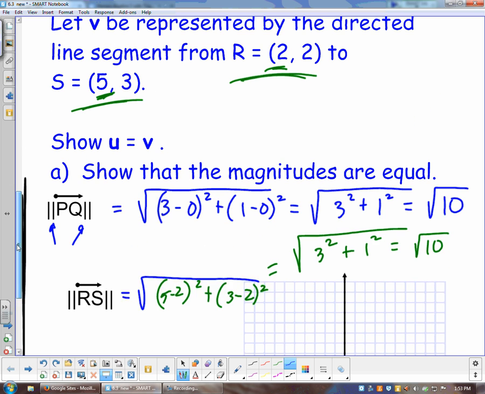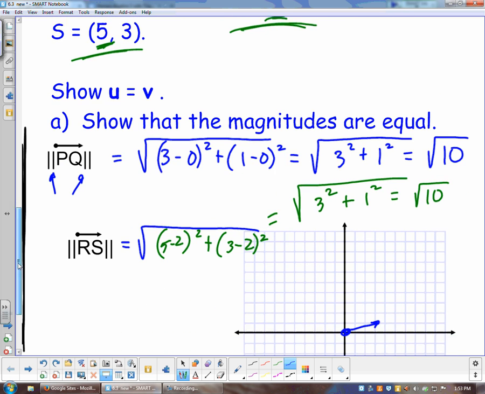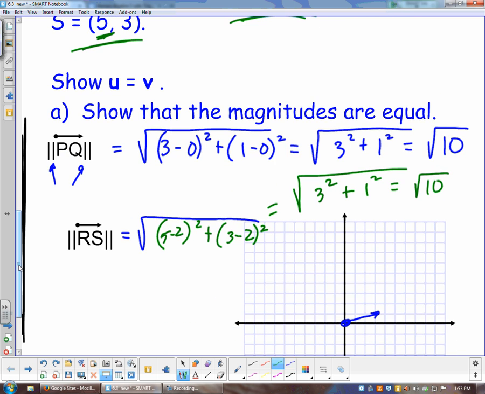For vector RS, I'm going from (2, 2) to (5, 3), so it looks like this. And the point is, if I can move this vector and it goes right over that vector, I can see that they have the same length.